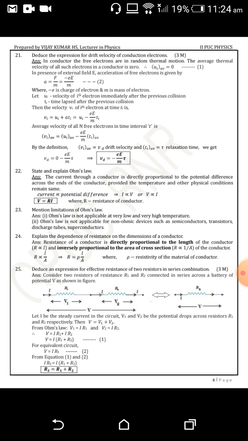So the acceleration of the electrons can be written as a is equal to F by m. As you know, F is nothing but the force experienced. So the force experienced by the charge, we are going to write as F is equal to E into Q, right?